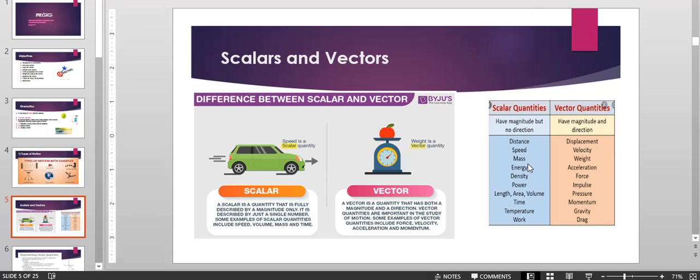So these are the terms differentiated as scalar and vector quantities. Distance, speed, mass, energy, density, power, length, area, volume, time, temperature, and work are termed as scalar quantities, whereas displacement, velocity, weight, acceleration, force, impulse, pressure, momentum, gravity, and drag are termed as vector quantities.